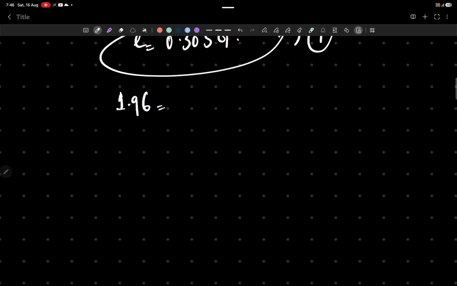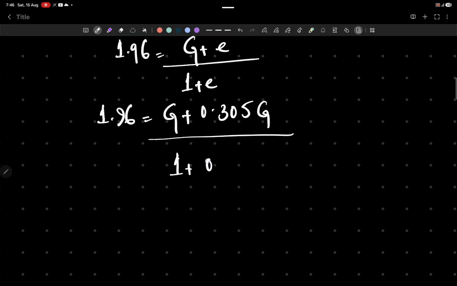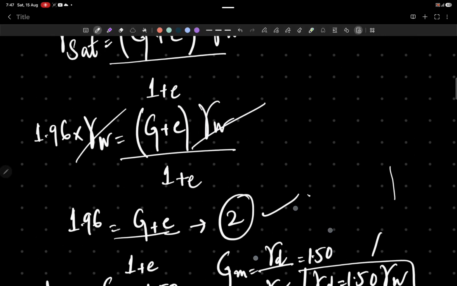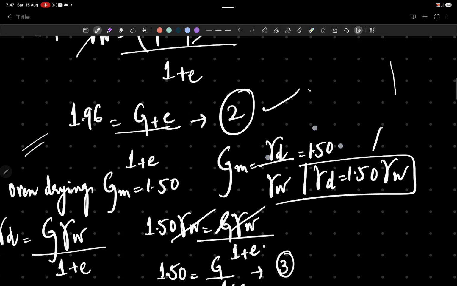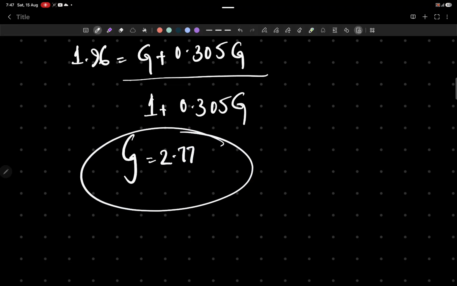Here I write G plus e, and e I'll substitute this value 0.305 G, divided by 1 plus 0.305 G. I have substituted the value from equation 4 into equation number 2. Upon calculating, G is equal to 2.77.